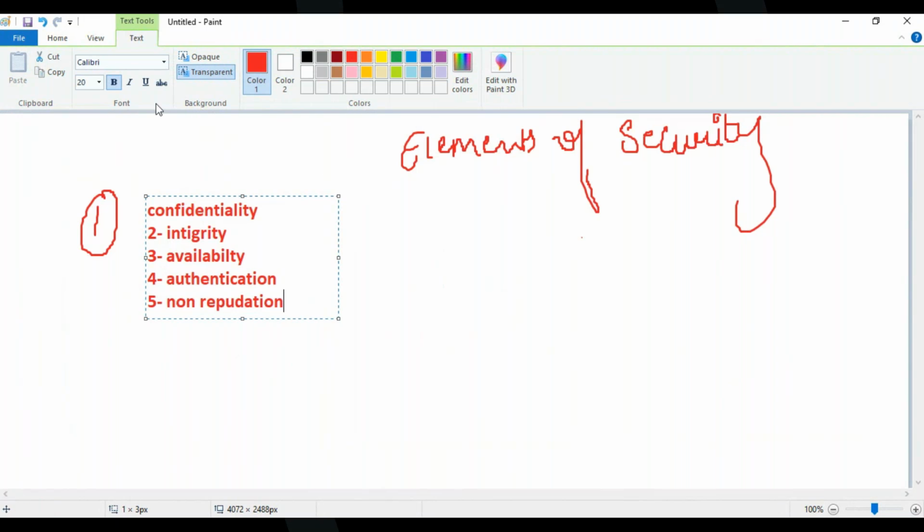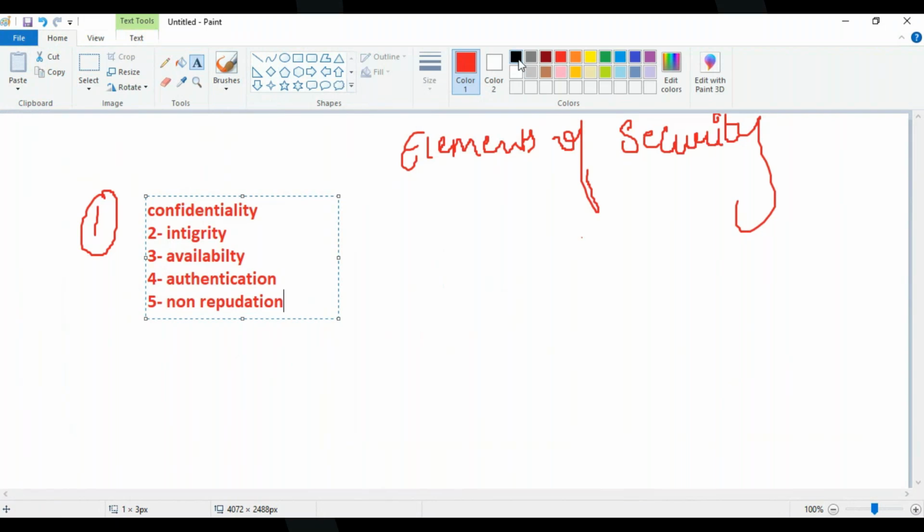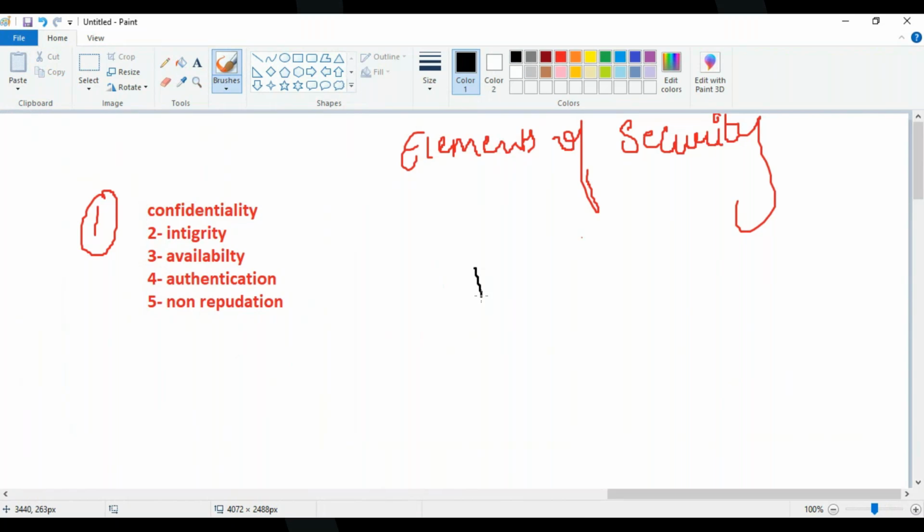Let me just make it more clear to you. So imagine you are running a small cafe, right? You're the person here, and you are running a small cafe.